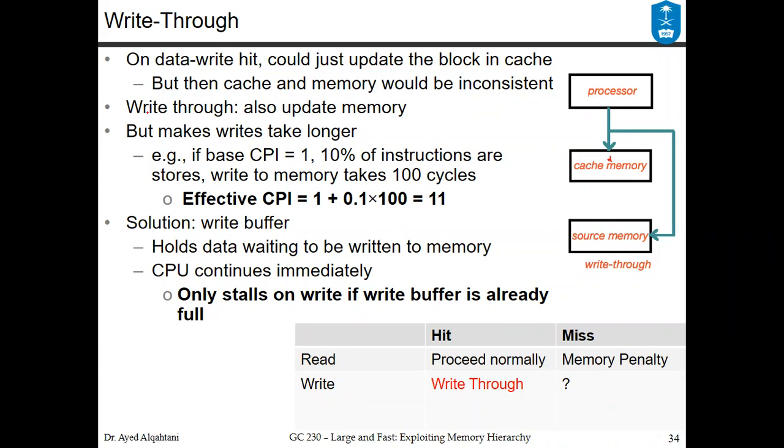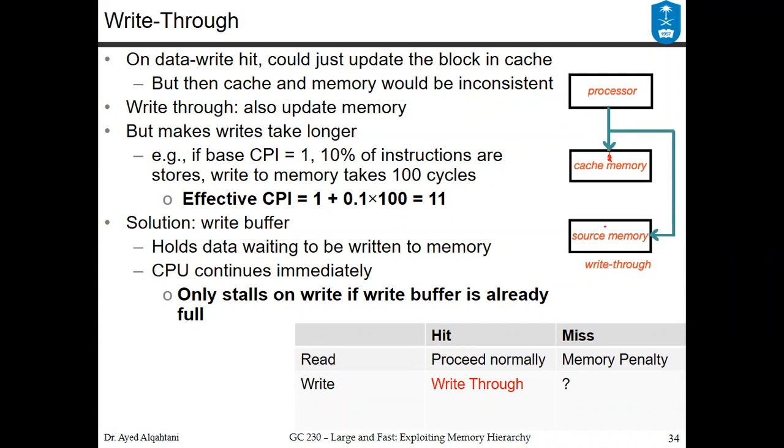And this is why we have the write through method. In the write through, what we are saying is you also need to update the memory. So if there is an access into the cache and this access is a write and it was a hit in the cache memory, you also need to update the source memory.